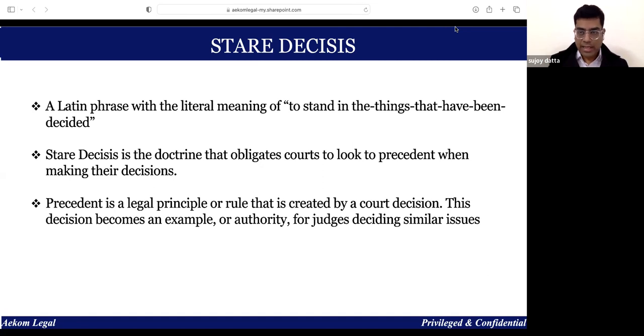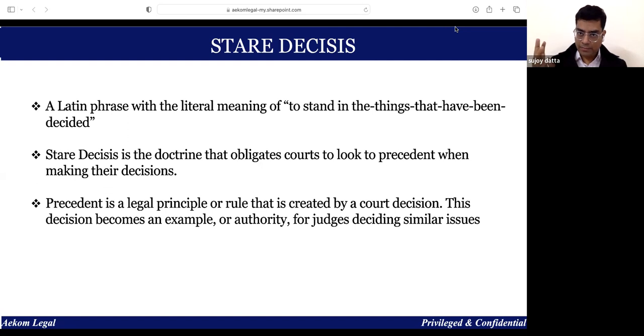law. It is not a binding mandatory obligation because every case ultimately turns on its own facts, but the principle of stare decisis says that even if there is any difference in the facts, if a particular legal finding, a legal conclusion, or even a rationale can be extracted from a previous judgment, then it cannot simply be ignored.